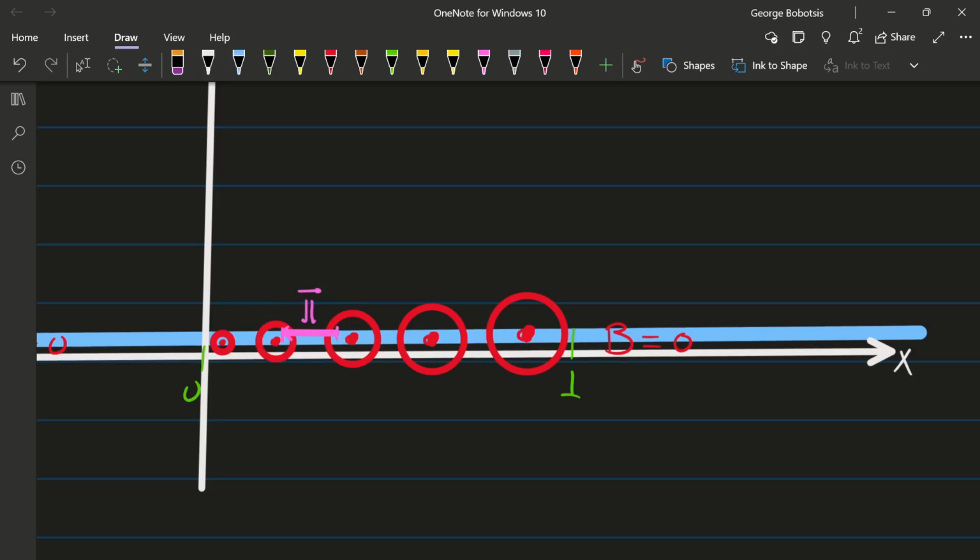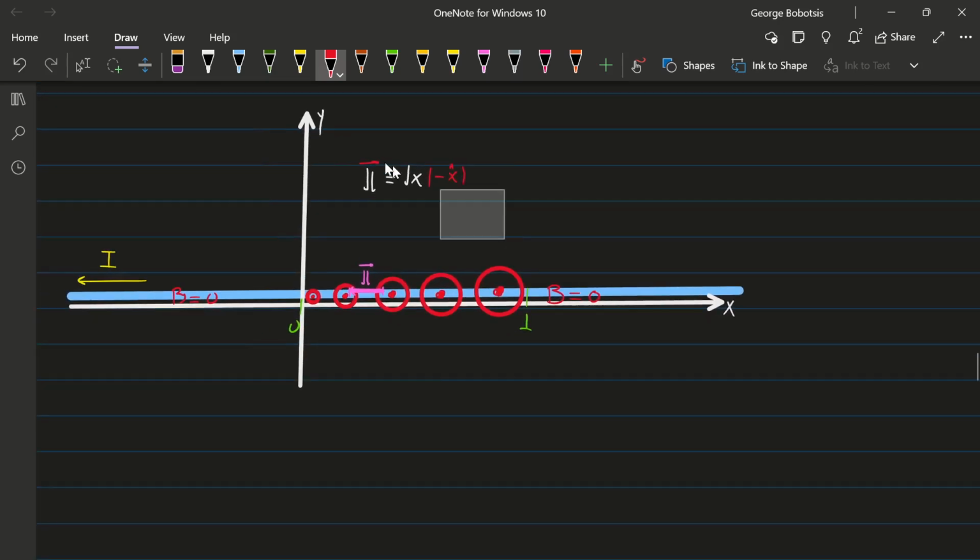Well, it's a small step in the x direction, directed in the negative x. So that will be its direction. Well, that's out of the way. Now, what else do we need here? I have the current, and I have the magnetic field. So it's time to go and do some calculations.